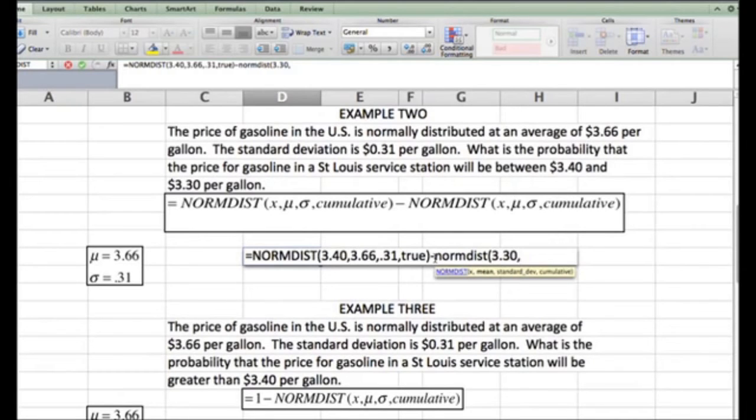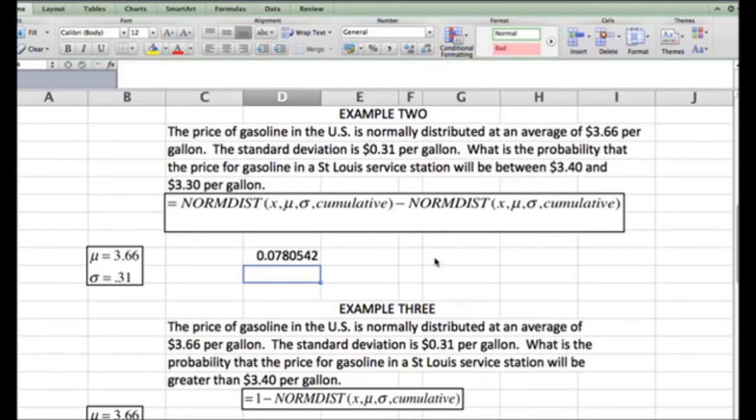Standard, or the mean, as the second number of 3.66, followed by the standard deviation of 0.31, and again, true. Make sure that you close the parentheses and that there's a comma between each entry.